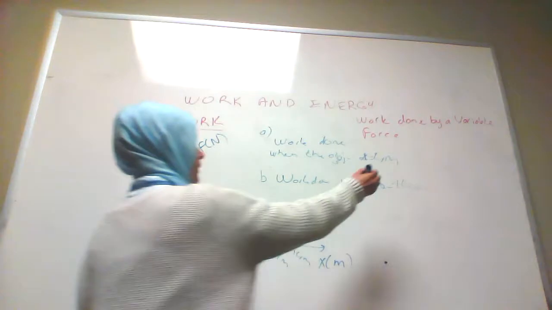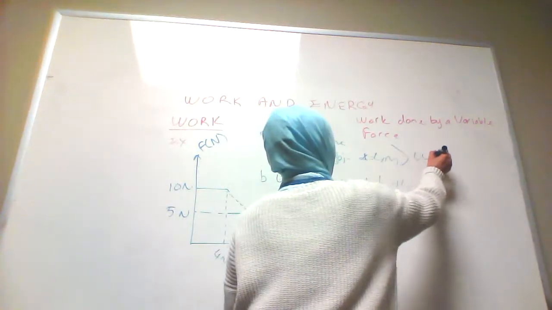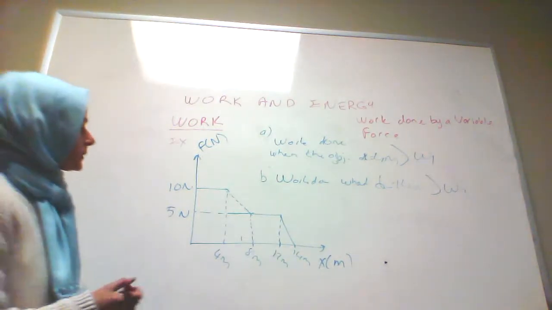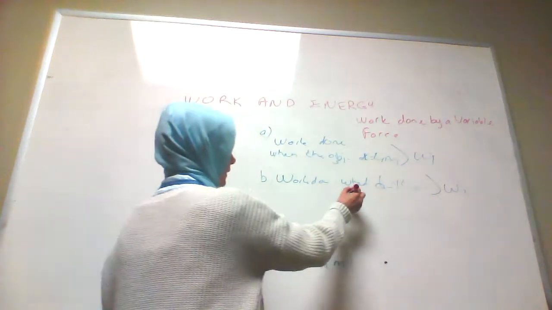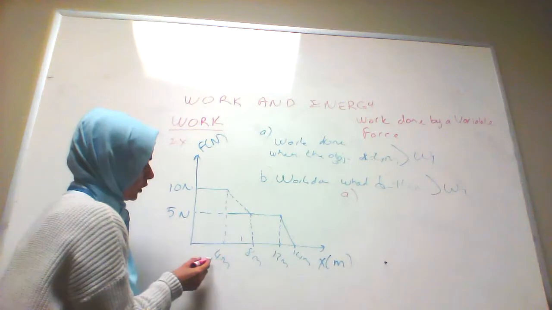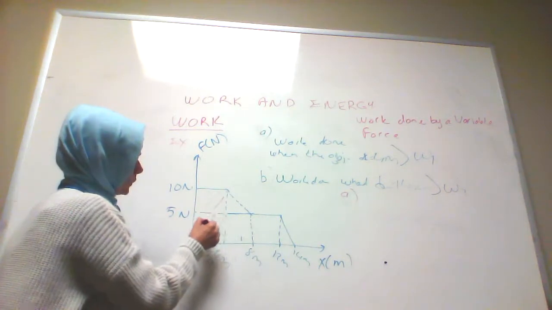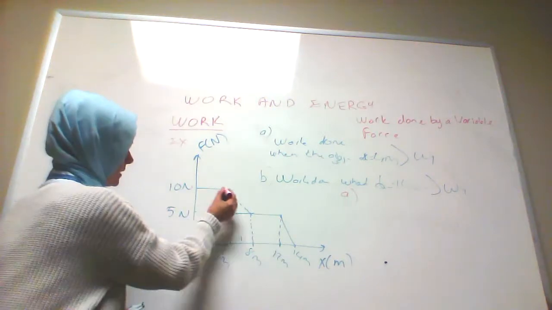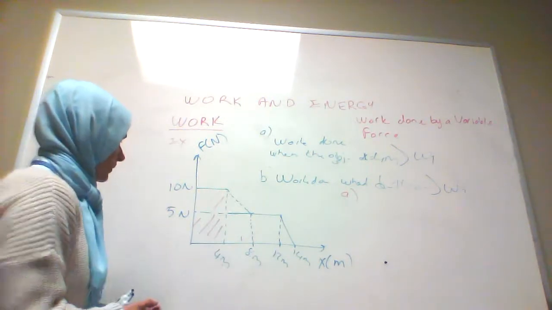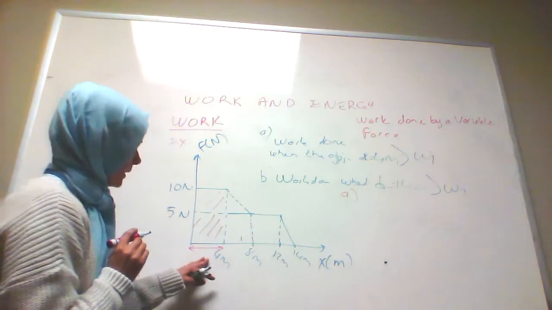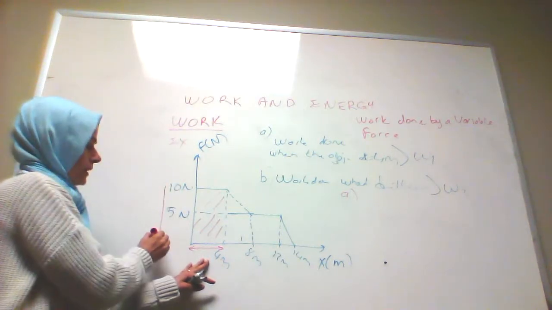Let's call these work 1 and work 2. And let's look at work 1. Work done, part A, when the object is displaced to 4 meters, will be this area under here, right? And this is a rectangle, sorry. This distance is 4 meters, and this is 10 Newton.